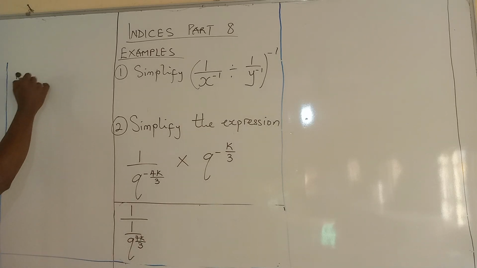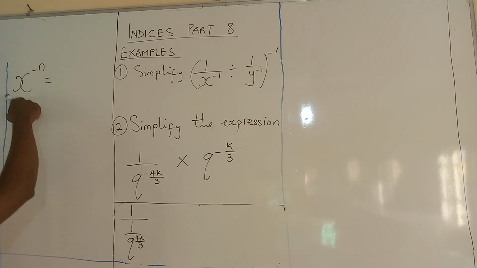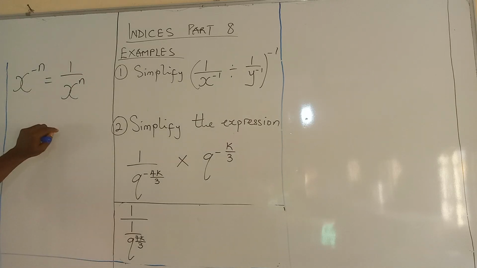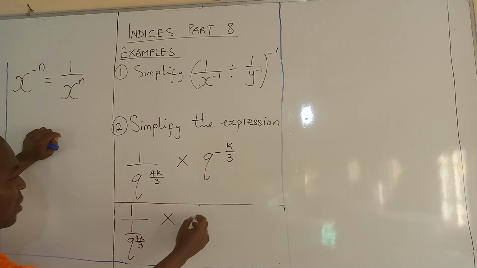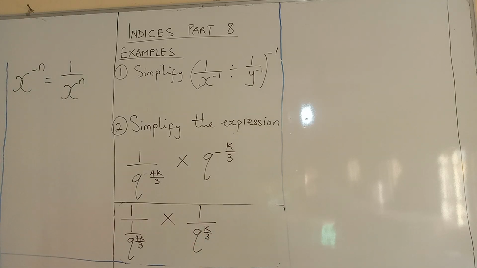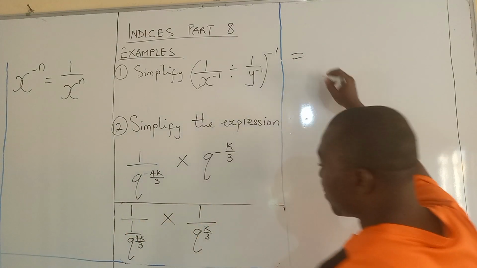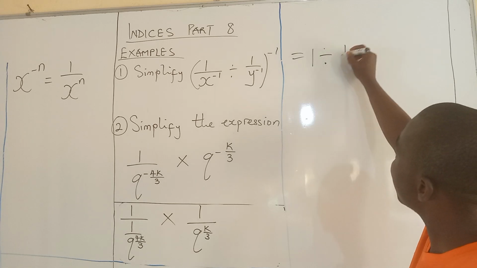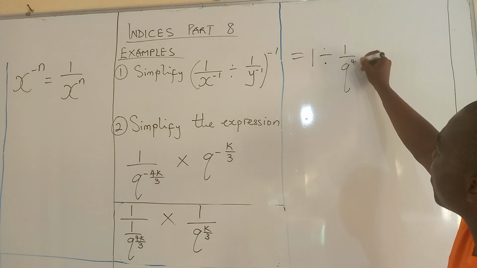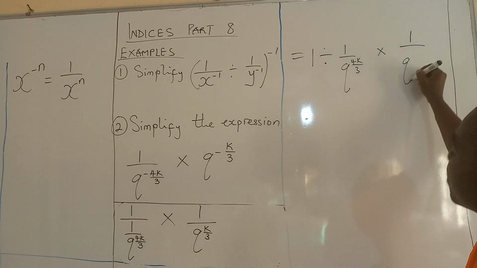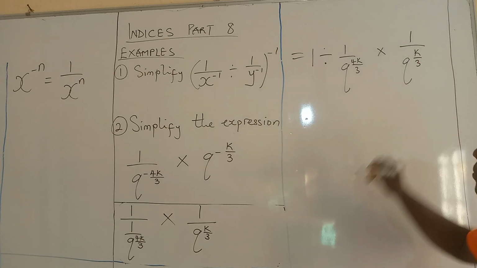Remember, x raised to a negative power will be 1 over x, the power becomes positive. Now times 1 divided by q, the power becomes positive. And so this is the same thing as 1 divided by 1 over q raised to power 4k over 3 times 1 over q raised to power k over 3.